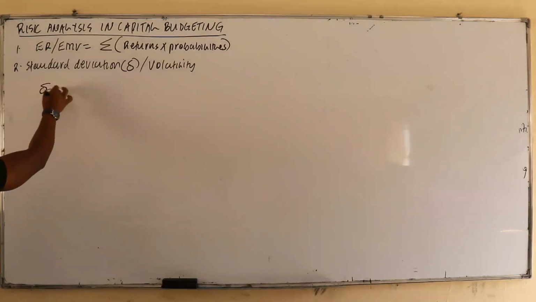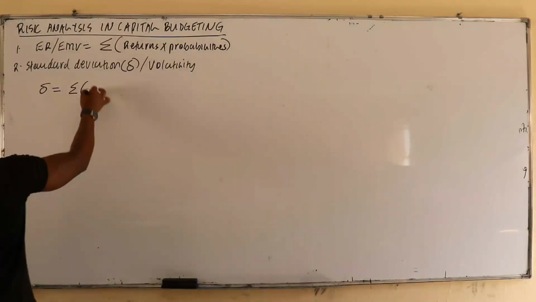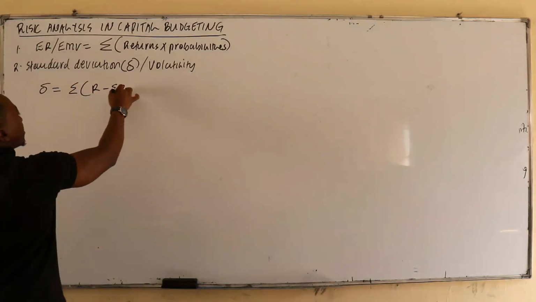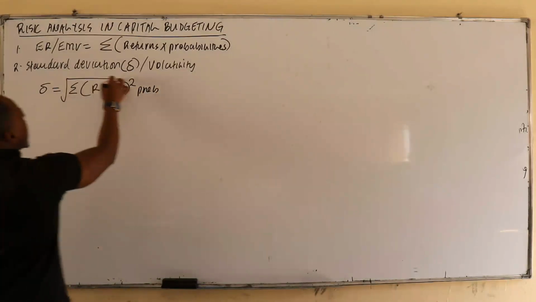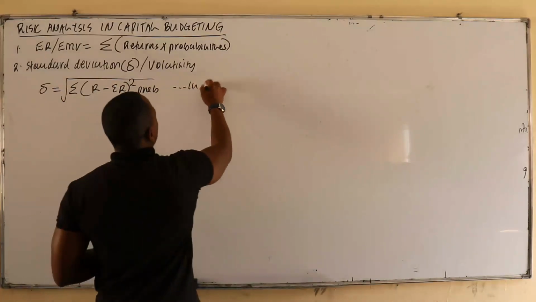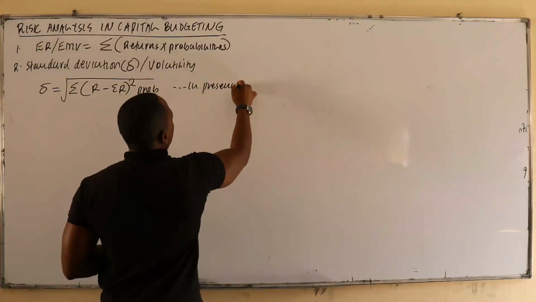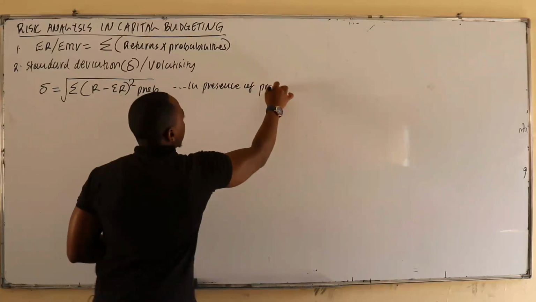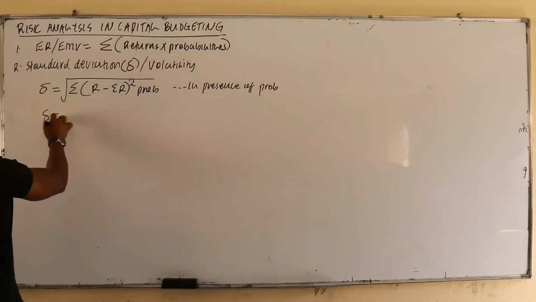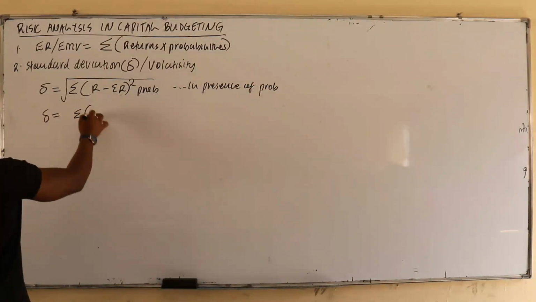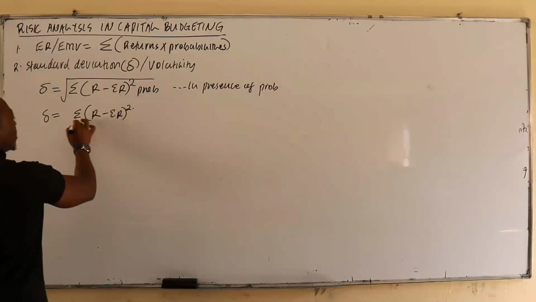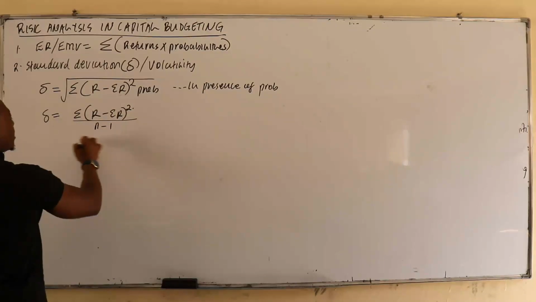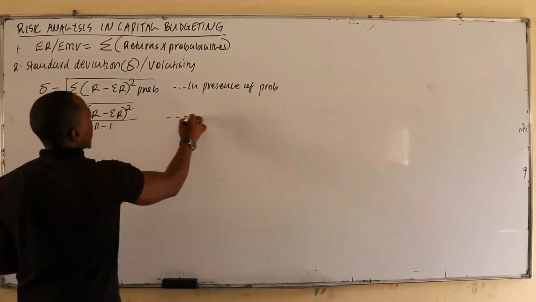Take the summation of returns minus expected return, squared, times probability, then you get the square root. So this one is in presence of probability. Or, to get the standard deviation, you take the summation of returns minus expected return squared, all over n minus 1, then you get the square root.